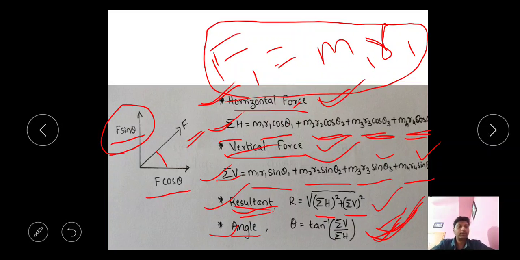In the calculator, you press shift and tan, then take the bracket delta V divided by delta H, vertical force divided by horizontal force, and you will get the angle.